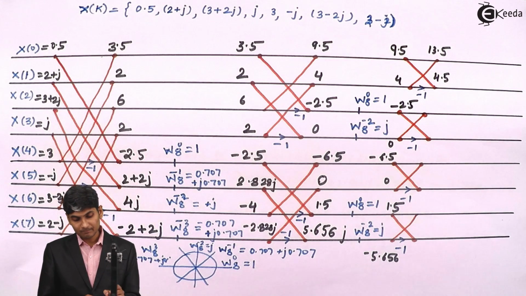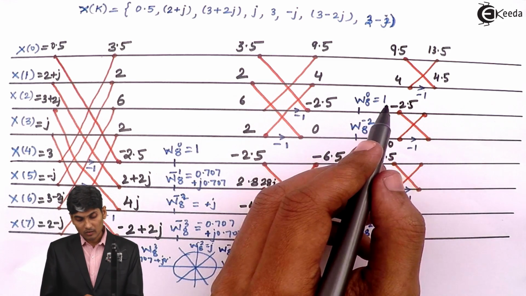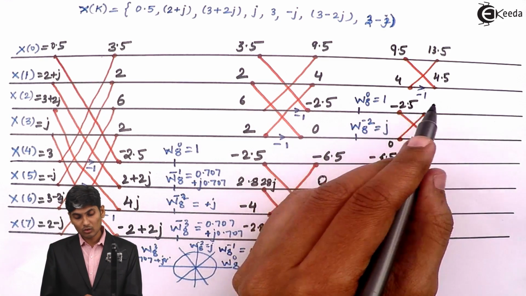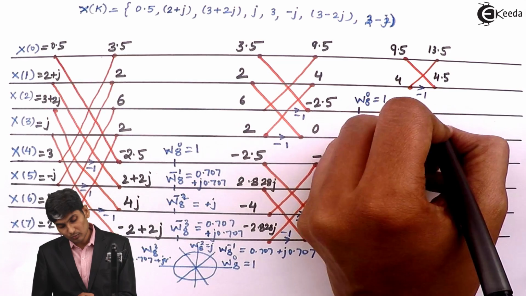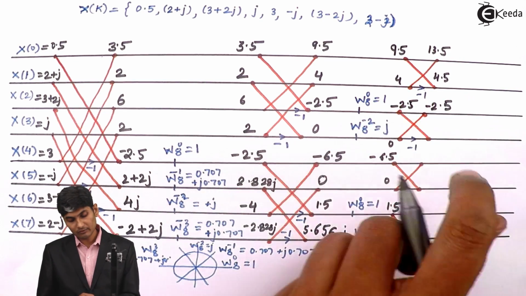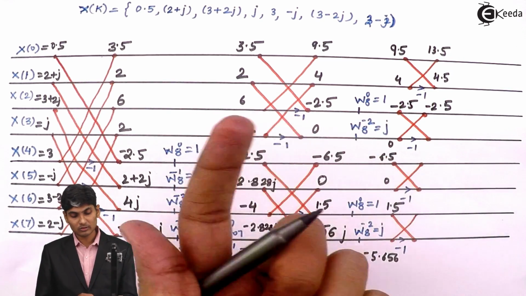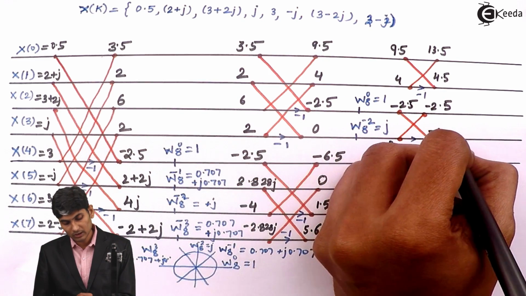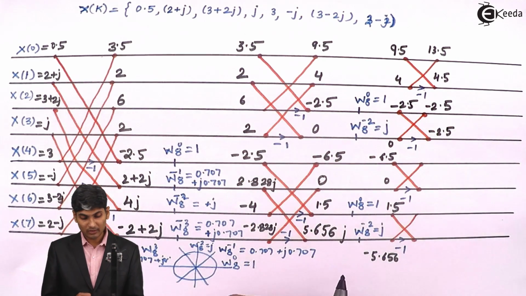Then we have 0 minus 0 plus 2.5 will give me minus 2.5, because here it is minus 2.5 plus 0, doesn't matter, it is minus 2.5. Here also it doesn't matter, it is minus 2.5.